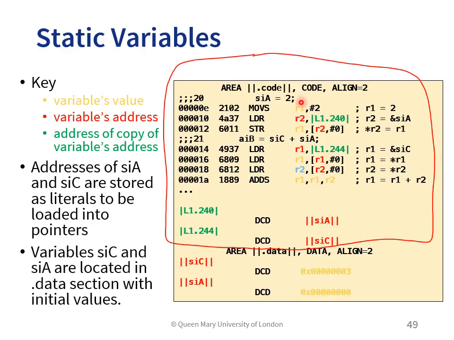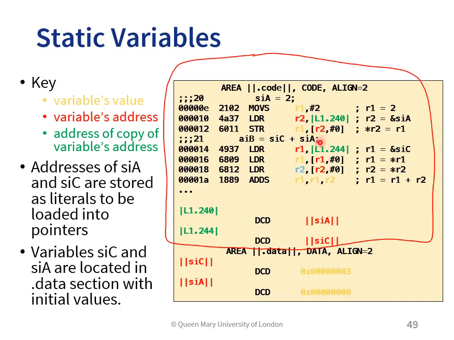When the statement is compiled, this is what is disassembled. We put the value 2 into R1. Then, based on this address, we load the pointer to the address of SIA into R2 and store the value to R2.